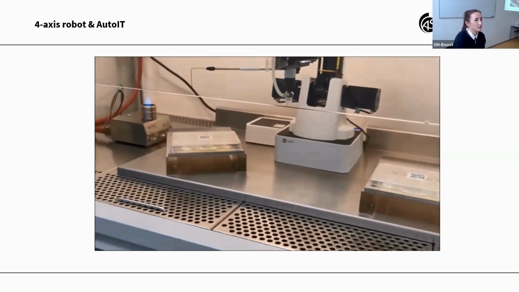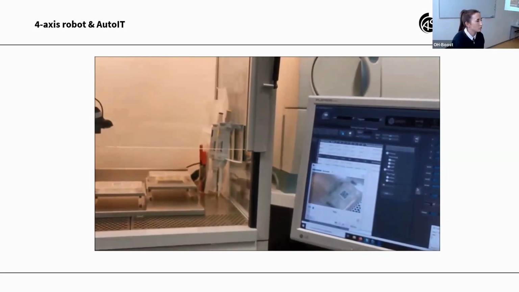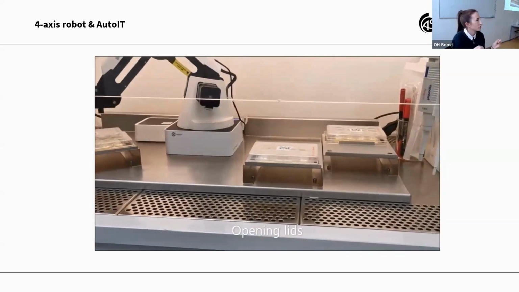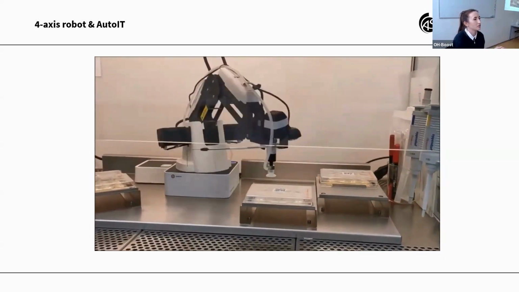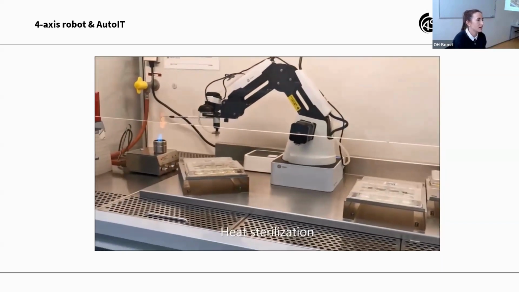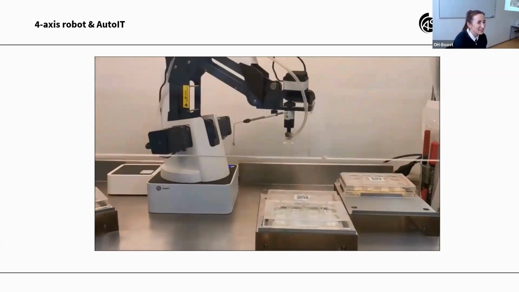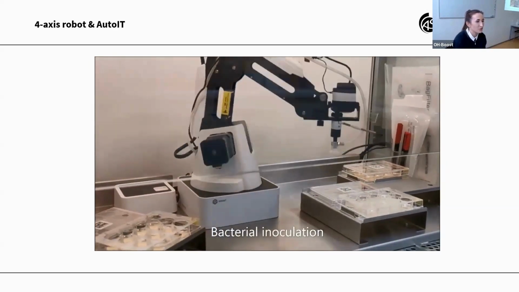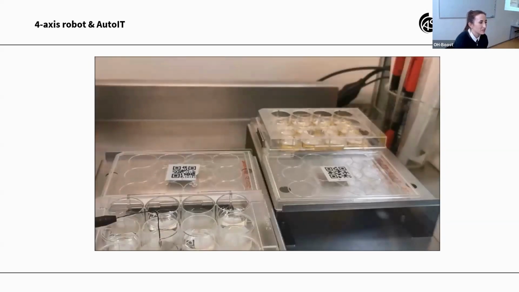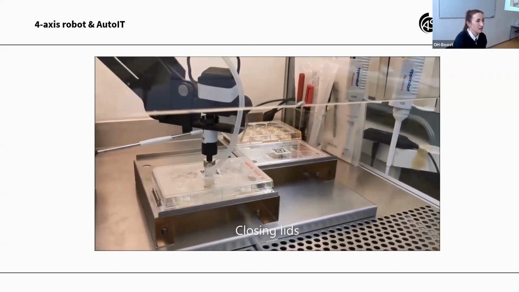For the bacteria inoculation, we used barcode recognition, where the robot can identify the source plate and the two new plates. Instead of using the single-use inoculation loop, as in the manual process, we had to use a steel needle and heat sterilization, of course with cool down time. Here you can see how the first plate is inoculated, then the second plate, and in the end, the lids are closed.